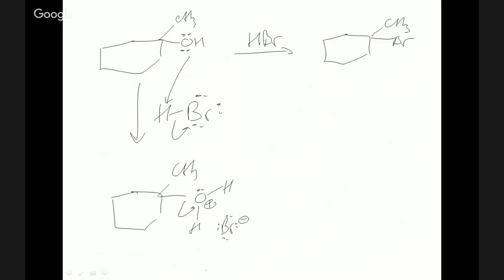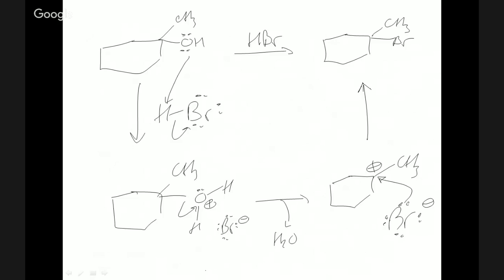It's too sterically hindered, but you can lose water. So you get carbocation, tertiary carbocation. Br minus can then come in and attack, giving product with initial proton transfer. Very different conditions than we talked about earlier.